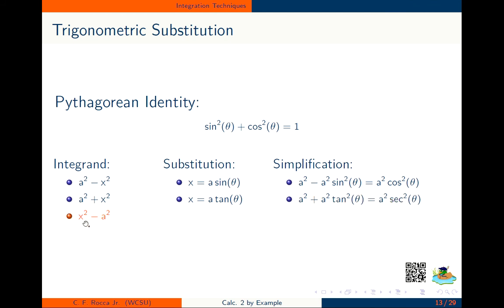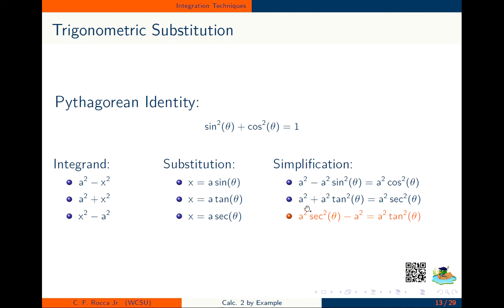Finally, if something looks like x squared minus a squared, so it's the variable squared minus the constant squared, but it's still a difference of two squares, then I'm going to use the substitution x equals a secant theta. And when I replace the x with a secant theta, I get a squared secant squared theta minus a squared. And again, from manipulating the Pythagorean identity, this simplifies to a squared tangent squared theta.